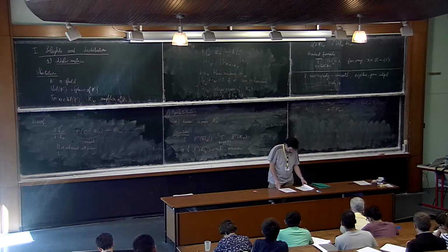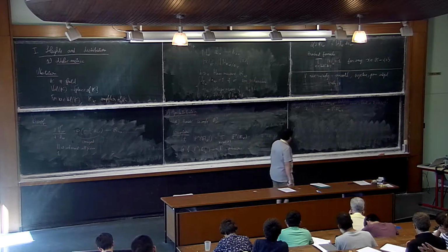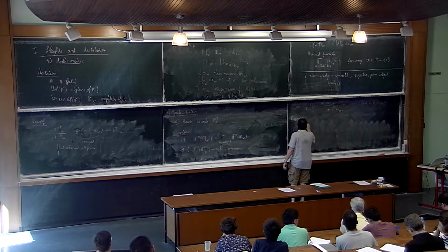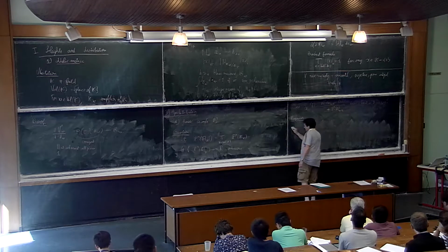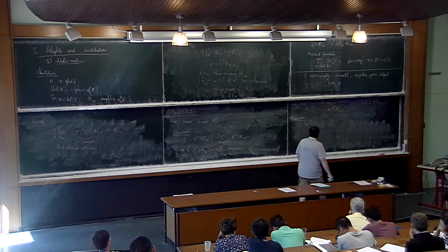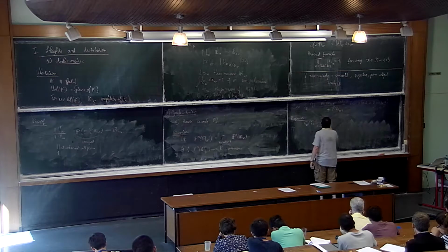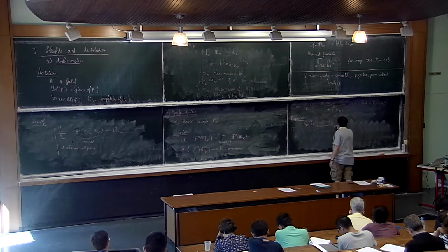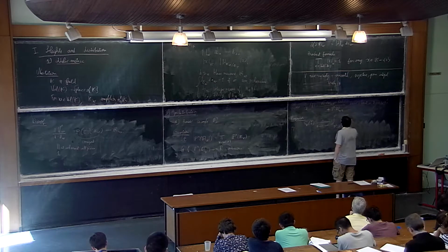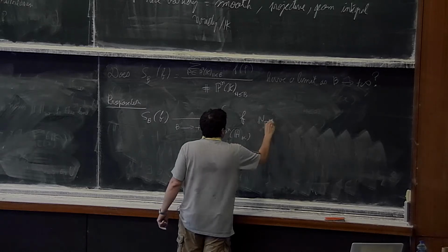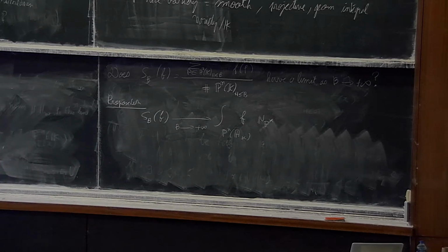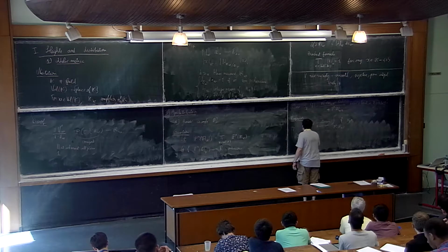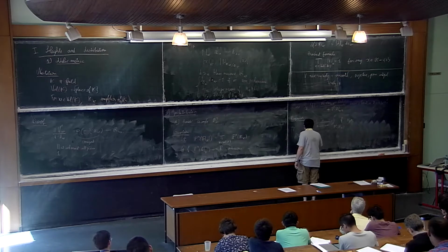So let me state it as a proposition. So as b goes to infinity, this converges to the integral over Pn of A_k of f with some measure mu Pn, where mu Pn is quite easy to describe.